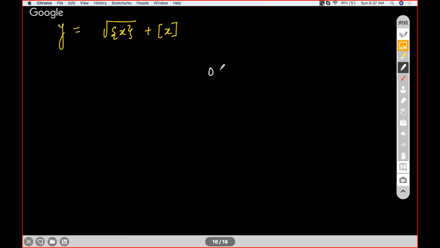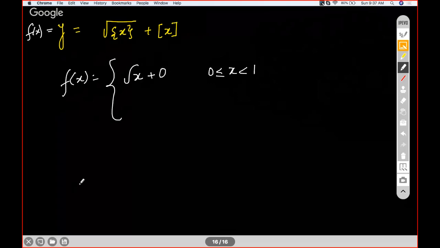First try between 0 and 1. What will happen to this function? Let's say you take 0.5, for example. The fractional part is just behaving as x, and the floor part will be 0 only. So it is as good as just plotting the root x graph for this interval.